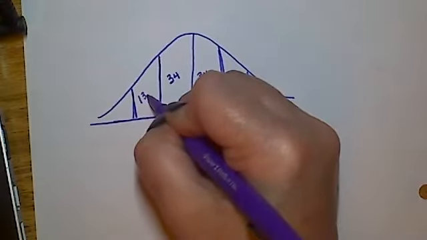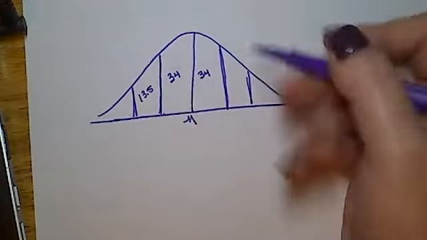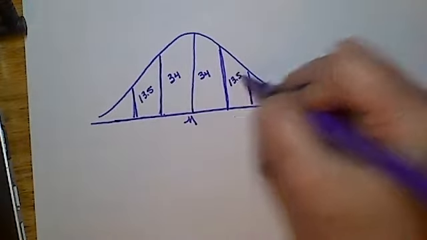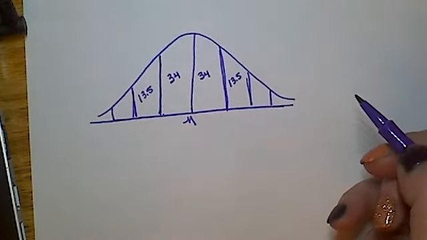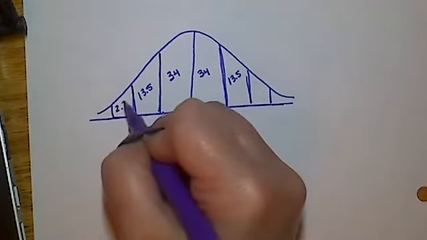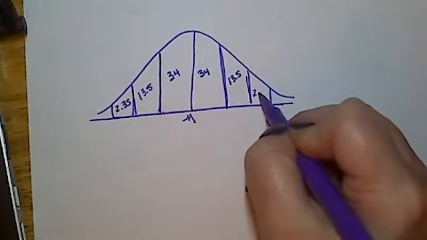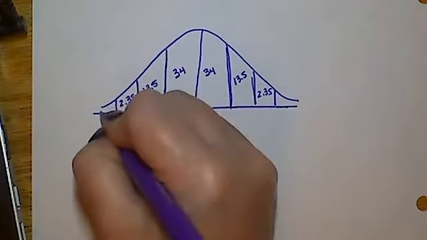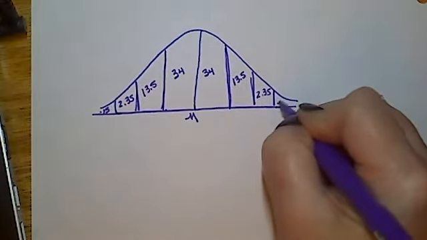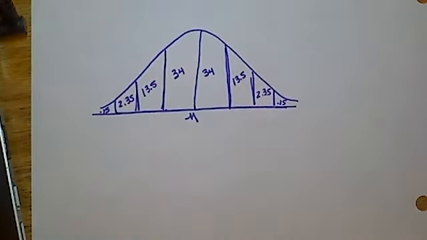Good. You have the 13.5 and the 13.5. Then you have the 2.35 and the 2.35. And the 0.15 and the 0.15.